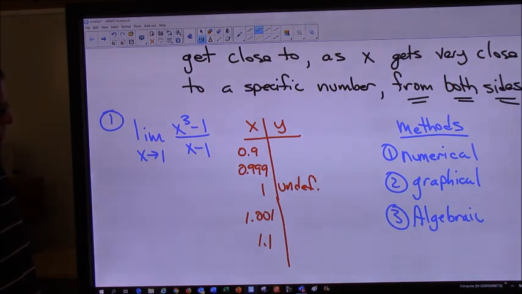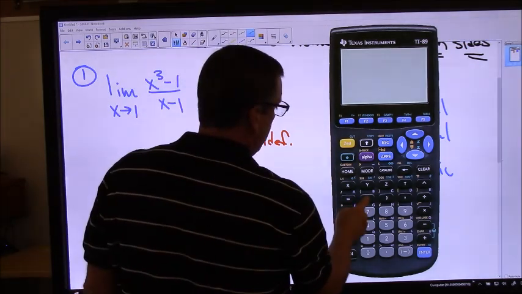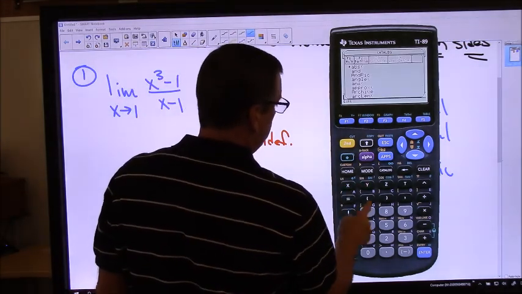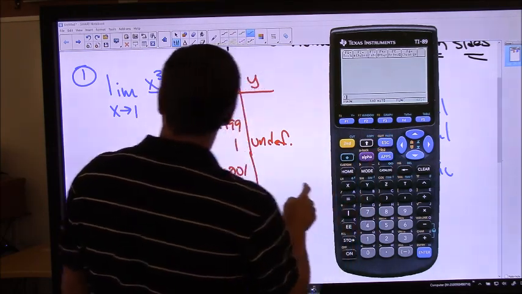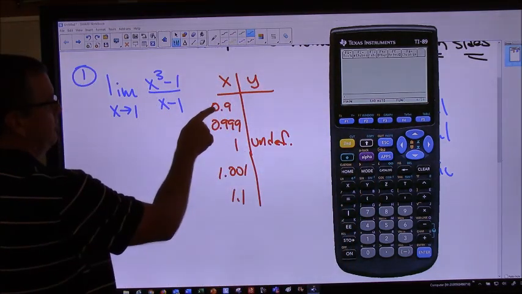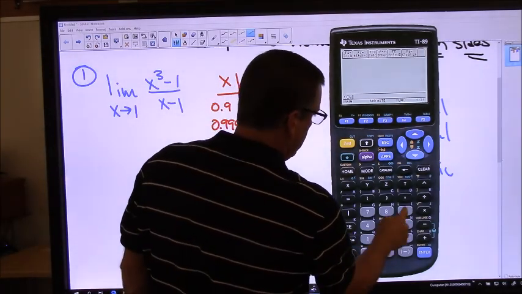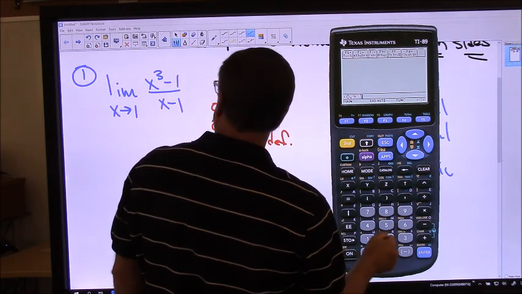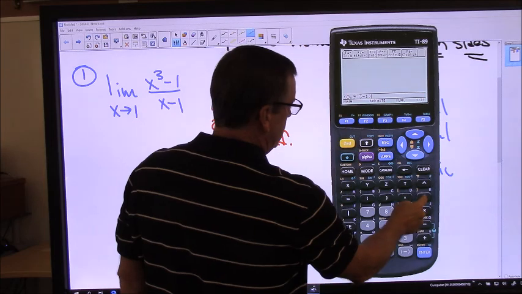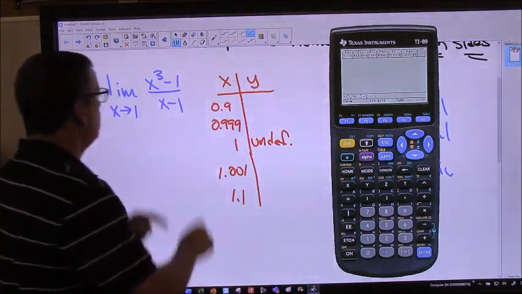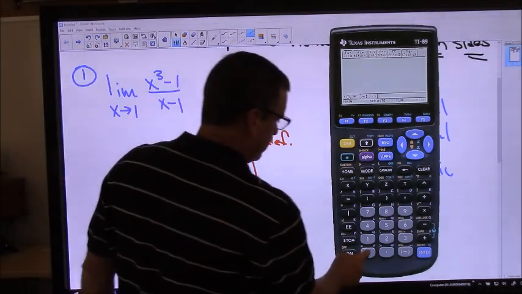And so what I want to do is plug those numbers back into this function and see what I get. So I'm going to take my graphing calculator and turn it on first, hit escape. All right, in parentheses, I'm going to plug this number in first, 0.9. So 0.9, I'm going to cube that and then subtract 1. Close parenthesis for the numerator, and then divided by, and I'll put the denominator in parentheses as well, 0.9 minus 1.